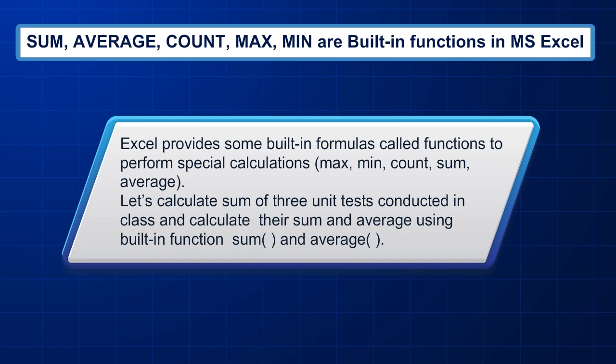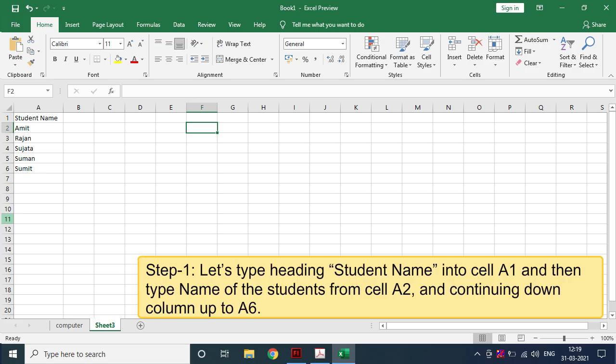Let's take some of the 3 unit tests conducted in class and calculate their sum and average using built-in functions sum and average. Step 1. Let's type heading student name into cell A1 and then type the names of the students from cell A2 and continuing down column up to A6.